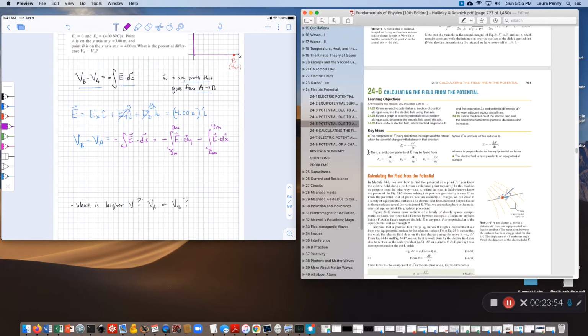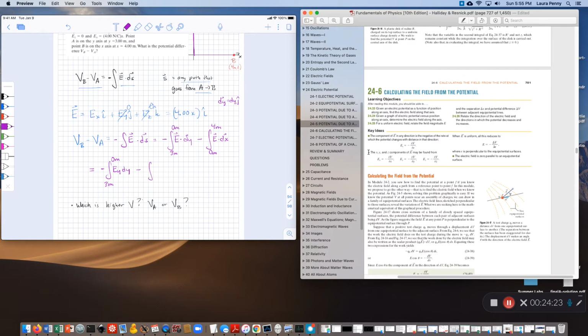Now, if I try to do a dot of E with dy, dy is a vector that has dy j hat in it. And so all I end up with is the E sub y component. So this would be equal to E sub y dy from 3 meters to 0 meters.